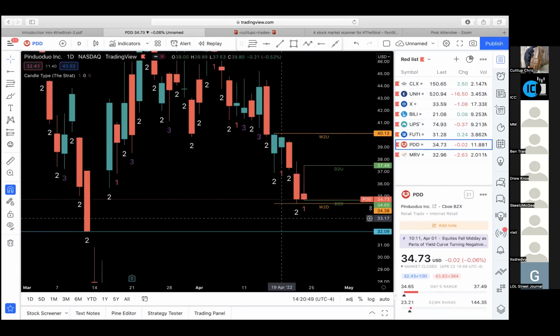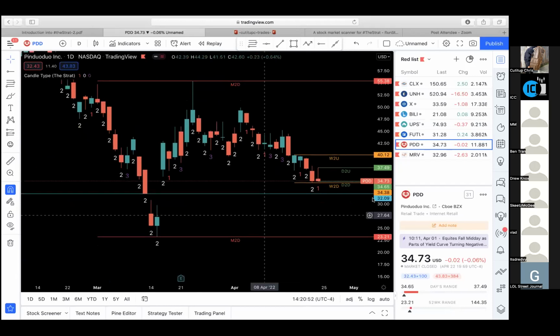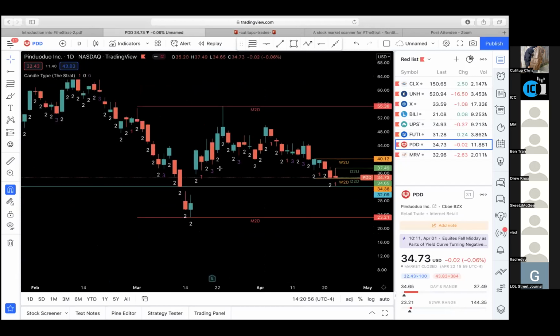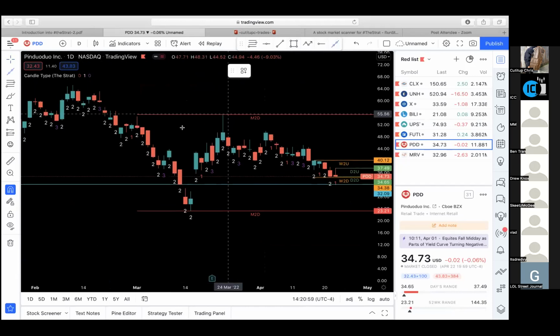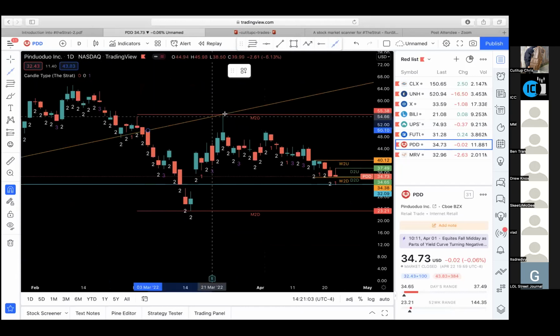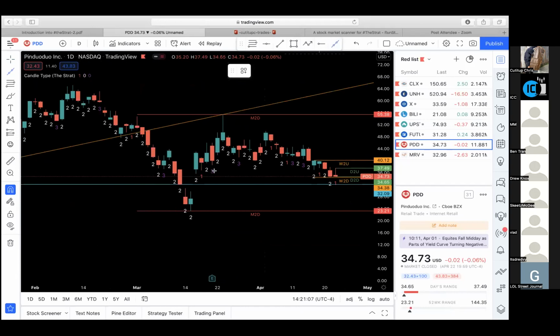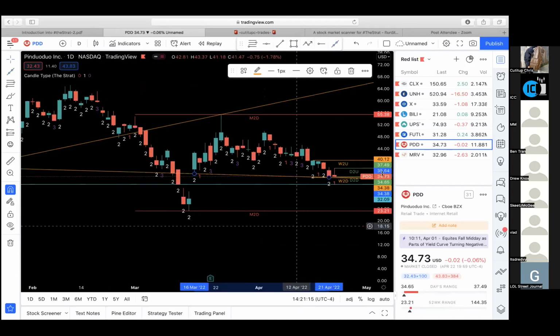But if you were to look at a broader time frame, you could probably find one like this right here. I would connect, let's say, higher high, higher high connected to say lower low right there.